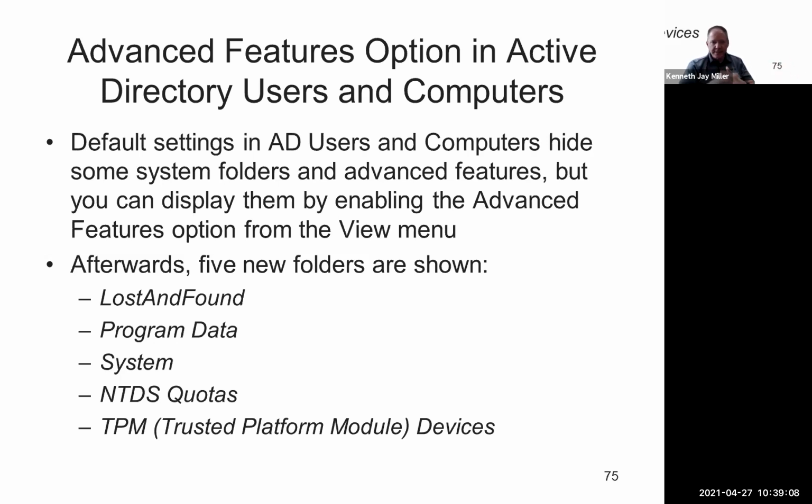There's Program Data, System, NTDS Quotas. And if we have devices that have the Trusted Platform Module chip in them, we can use that for location services and allow certain security features to work with TPM.